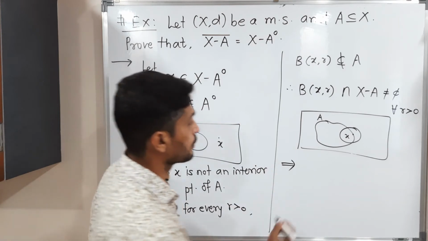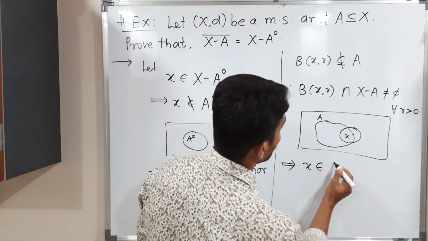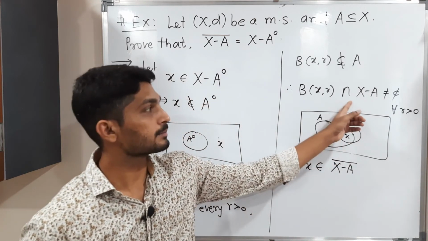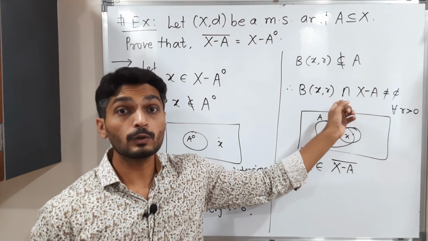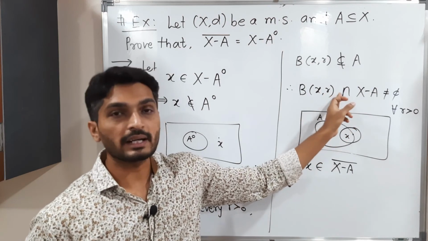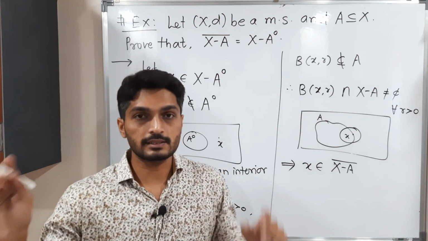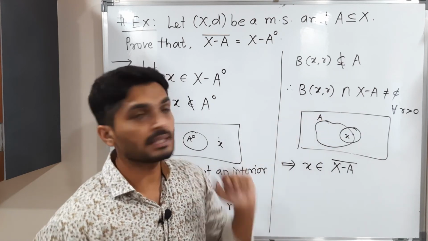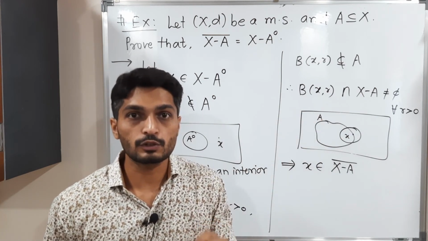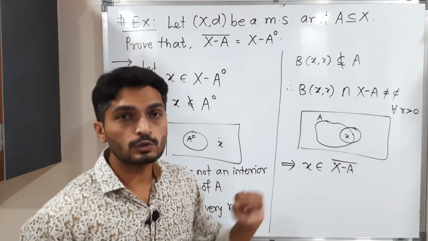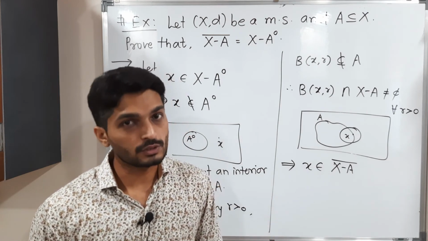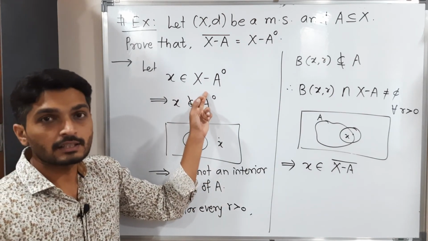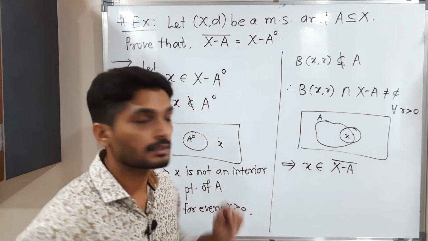Therefore, x belongs to closure of X minus A. If you write B(x, r) minus singleton {x} with the same definition, this is the definition of limit point. But if you have simply B(x, r) intersection X minus A, this is the definition of closure point. So x belongs to X minus A bar. It is a closure point of X minus A.